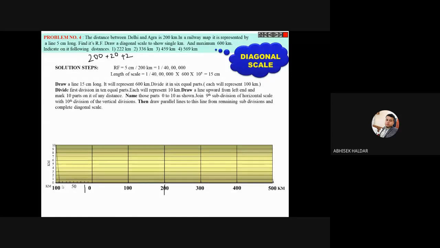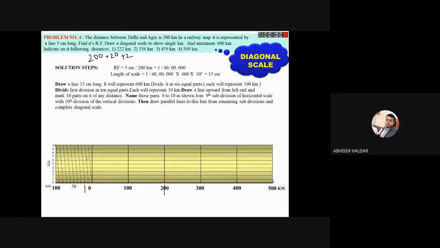Then draw parallel to this line at each and every horizontal division in the first part, up to the 0 point.